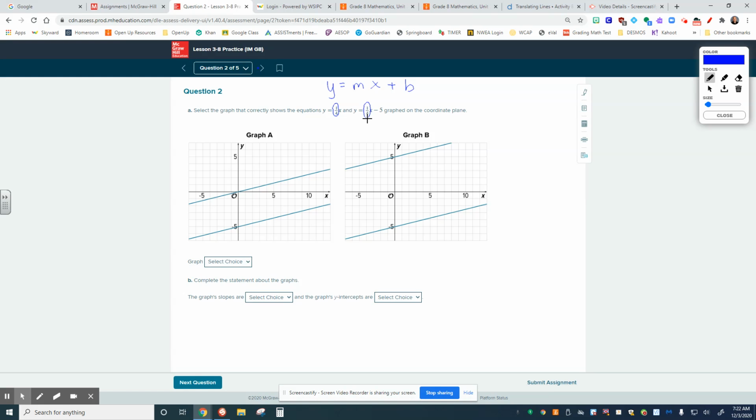We see first off that there's only one graph here that can be proportional. We have this one graph right here that is proportional. But this graph also has one that's parallel to it that has a -5. Now you'll notice that this line right here, graph B, the lower line passes through -5, and graph A, the lower line passes through -5.